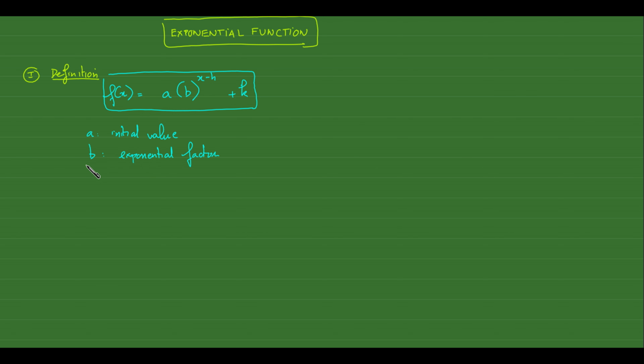But the b value here must be greater than 0, because if b is less than 0, we don't have the function. And if b equals 0, then the function does not exist.